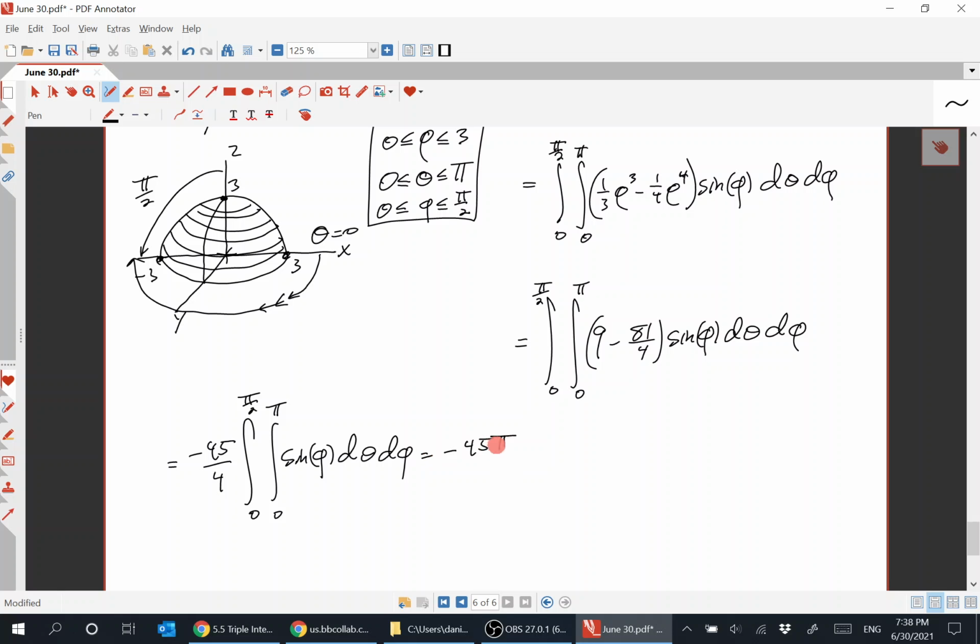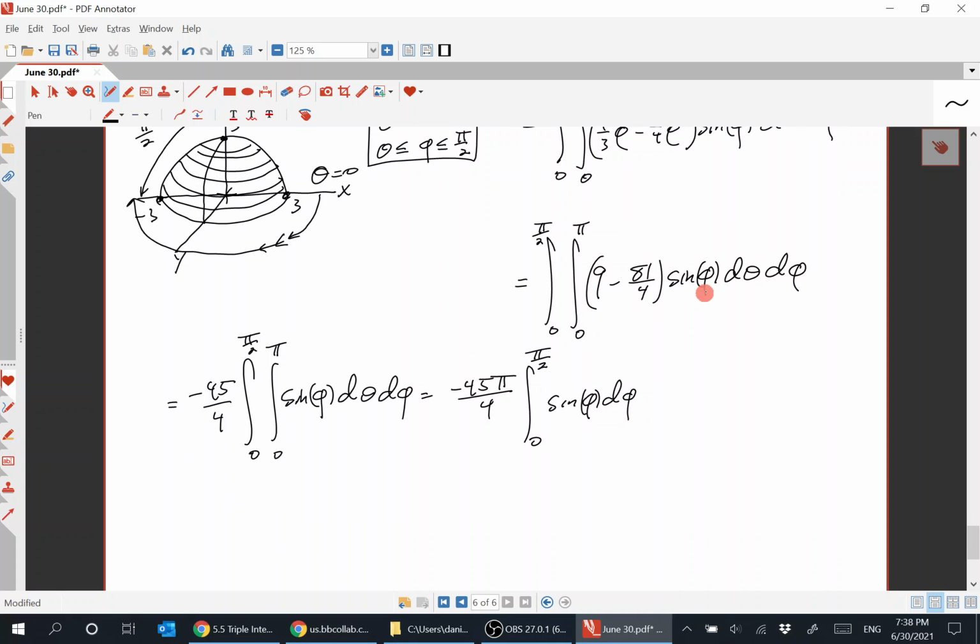So you get minus 45 pi over 4 times the integral from 0 to pi over 2 of sine phi d phi. So we've got minus 45 pi over 4 times minus cosine phi, antiderivative, from 0 to pi over 2. So at pi over 2 it's 0, and at 0 it's 1, so it's just 1 there. So minus 45 pi over 4.